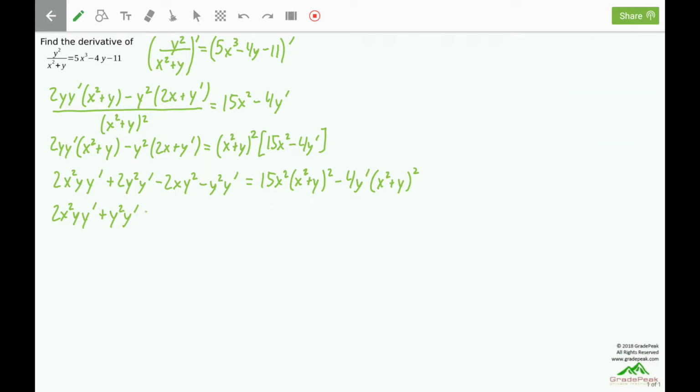And then I'm moving over by adding over the y prime term that was on the right. And this will equal, and I'm moving over the one term that does not have a y prime on the left, the negative 2xy squared, added over to the other side.